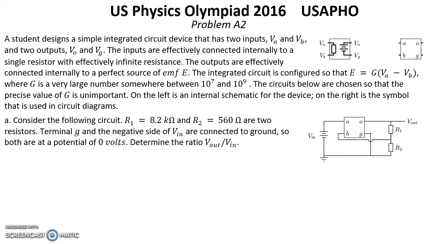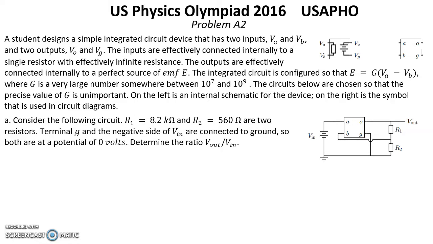The outputs are effectively connected internally to a perfect source of EMF E. The integrated circuit is configured so that E equals G multiplied by VA minus VB, where G is a very large number, somewhere between 10^7 and 10^9. The circuits below are chosen so that the precise value of G is unimportant.